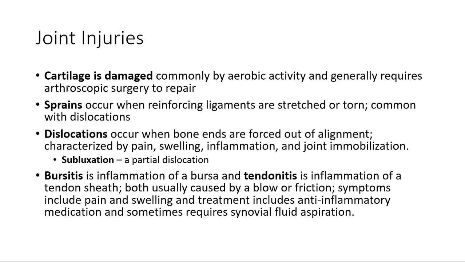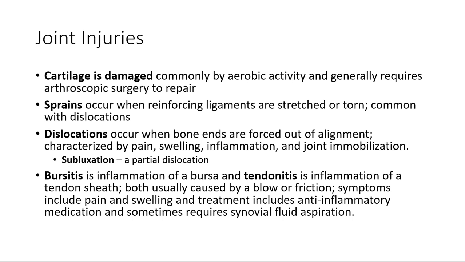Dislocations occur when bone ends are forced out of alignment, but sometimes they're not completely pushed out of alignment. Instead, it's just a subluxation or a partial dislocation. Either way, both complete dislocations and subluxations can come with pain, swelling, inflammation, and joint immobilization.